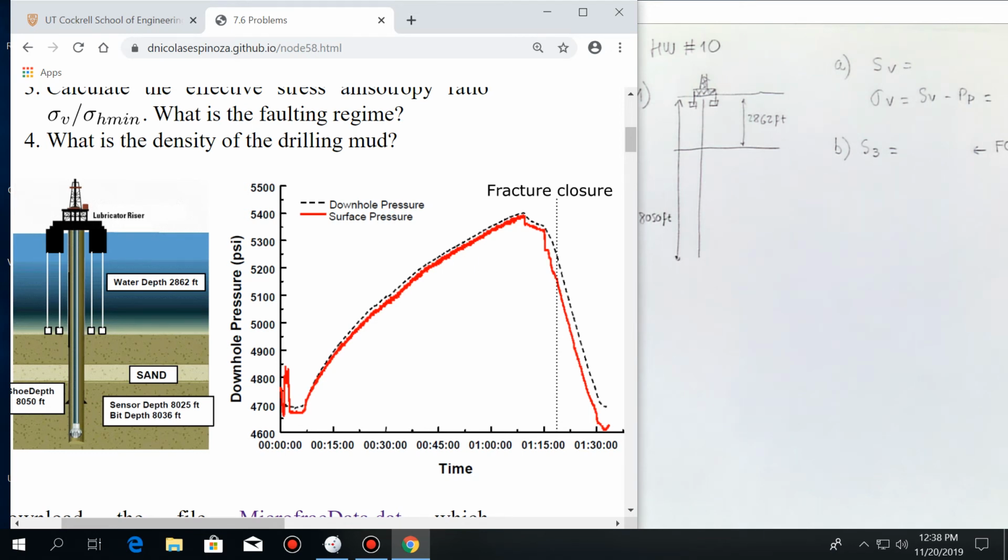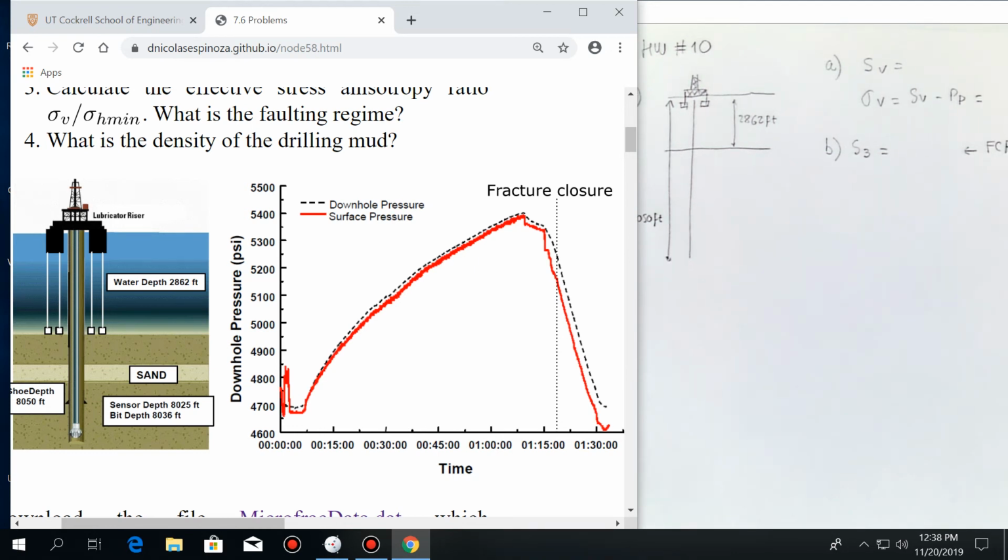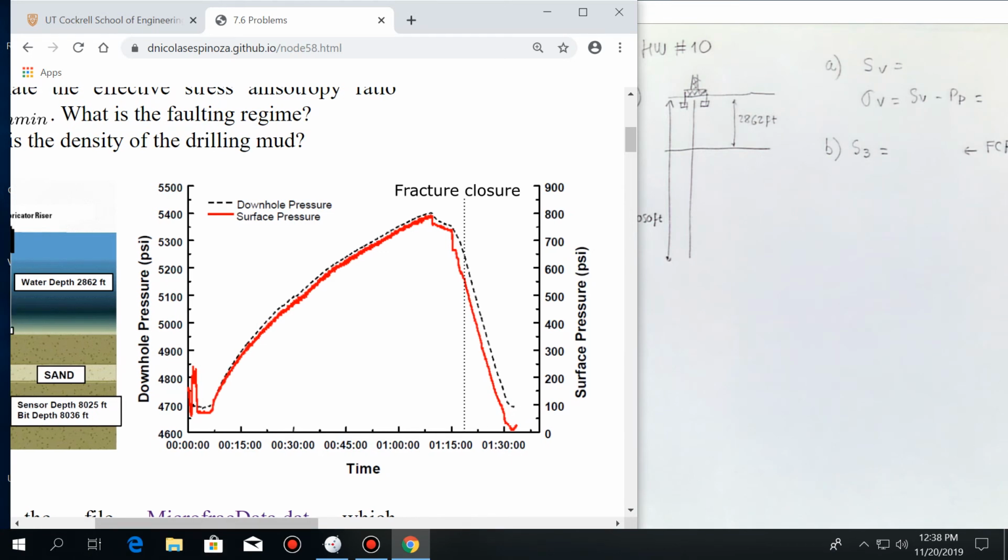If you're doing water flooding, you're going to have a hydraulic column of water. So that's going to be the main difference between those two. From here, you can check what those numbers are, and there is also going to be friction and some other things that make these values slightly different. But for this problem, take the downhole pressure reading and tell me what the minimum principal stress is.